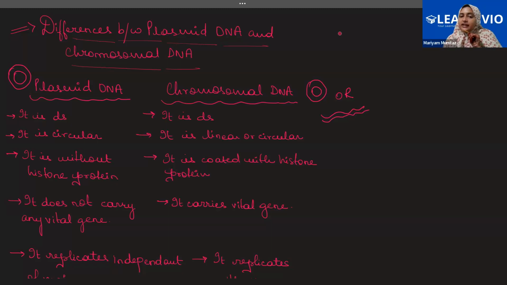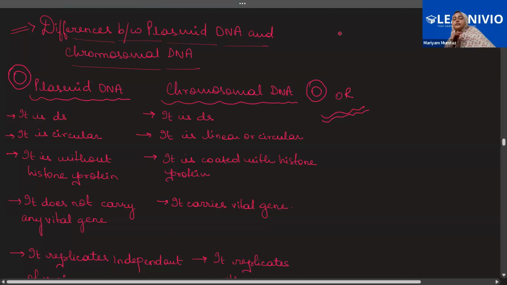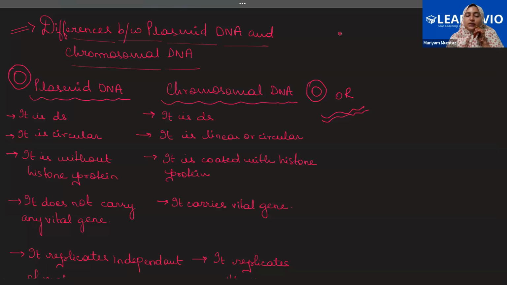The chromosomal DNA is double stranded, but it can be linear also, like straight, or it can be circular. The plasmid DNA is present without histone proteins, and the chromosomal DNA is present with histone proteins.